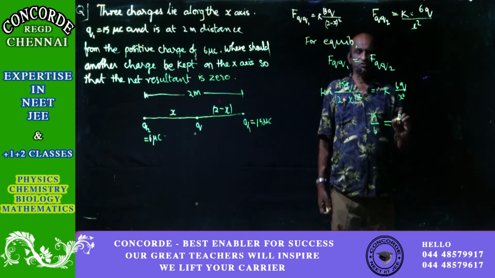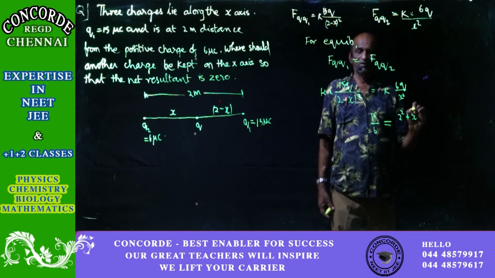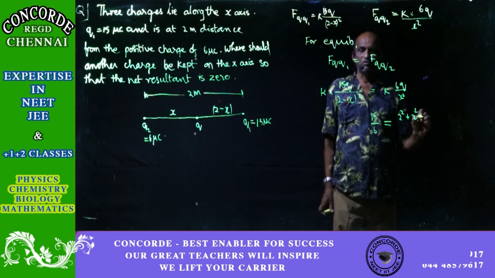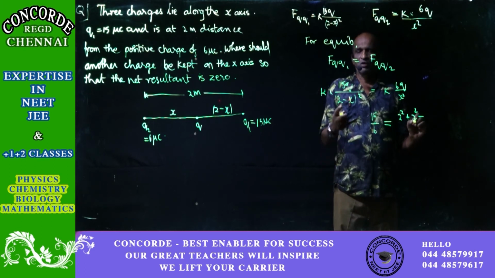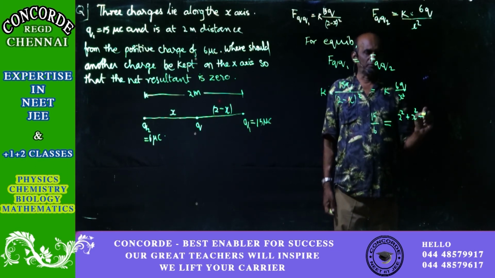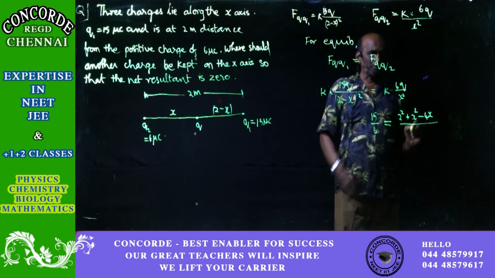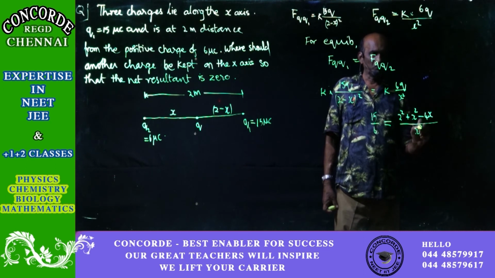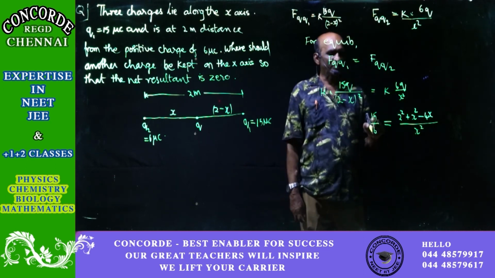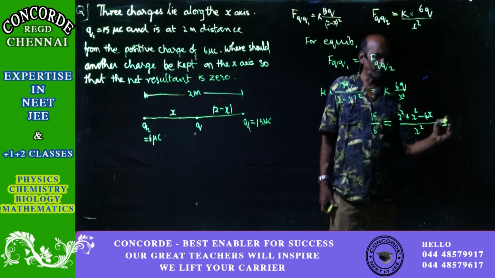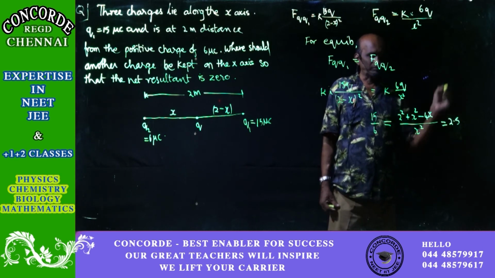So that will be 2 square, then plus x square, a minus sign also. So minus 2 into 2 into x, so that will be 4 into x. Denominator we have got x square. So now what we have is that this is equal to 2.5. Cross multiply.